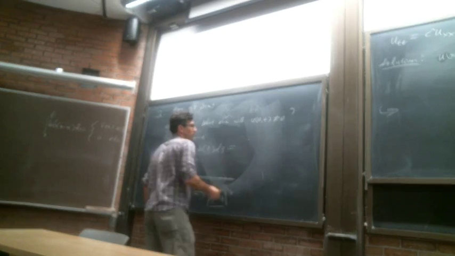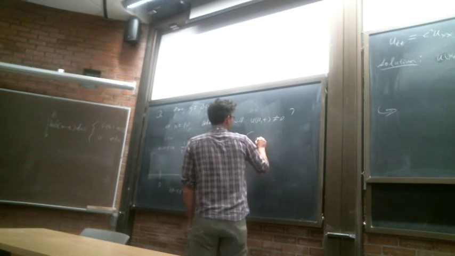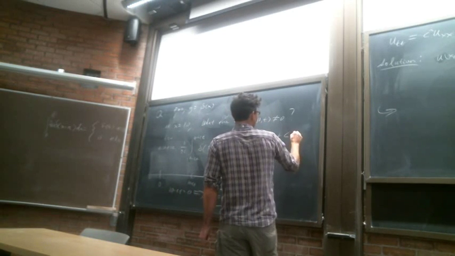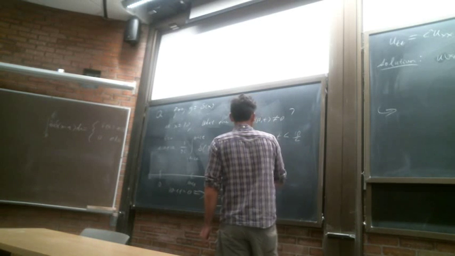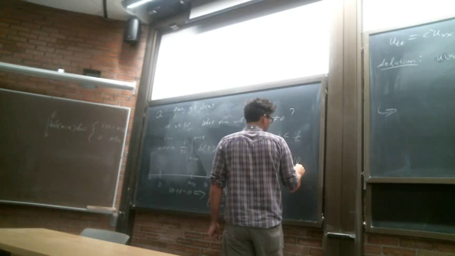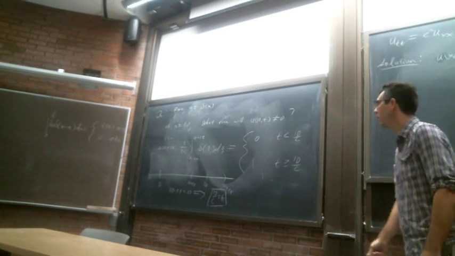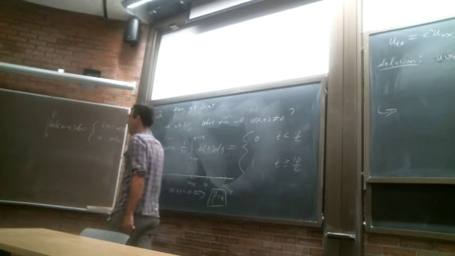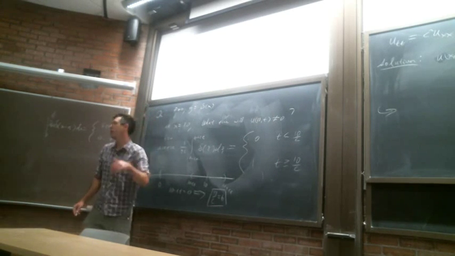So what we say is then 0 when t is less than 10 over c, and it's equal to 1 when t is greater than or equal to 10 over c. So if I'm at x equals 10, I'm just looking at the height of my string.